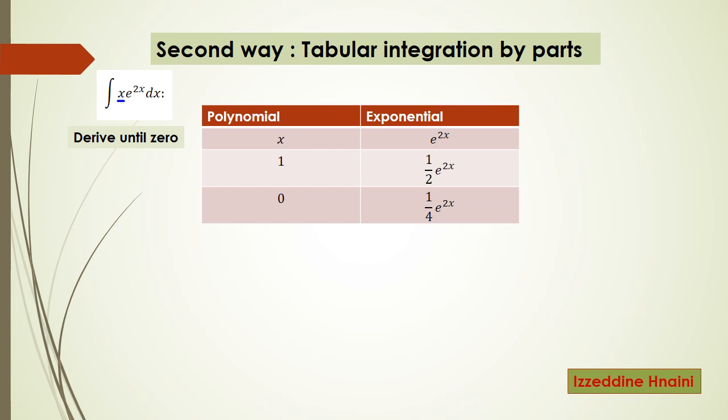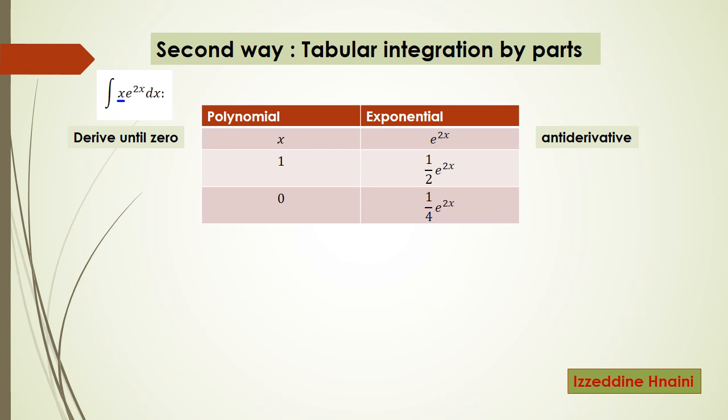So the first derivative of x is 1. Then the derivative of 1 is 0. While in the right column, I will make the antiderivative as many times as I made the derivative. So the antiderivative of e^x is 1/2 e^x, and the antiderivative of 1/2 e^x is 1/4 e^x.